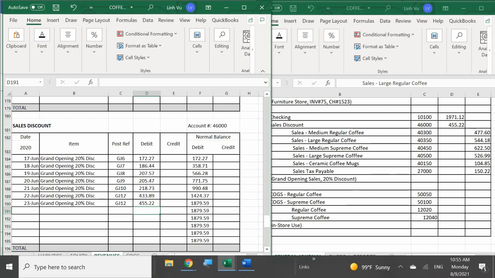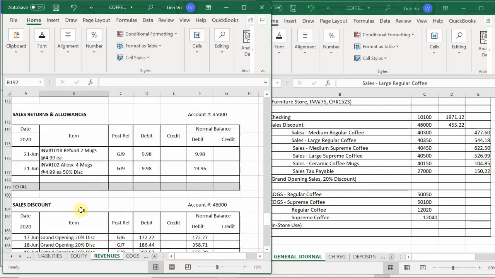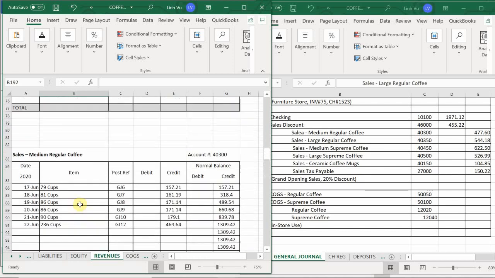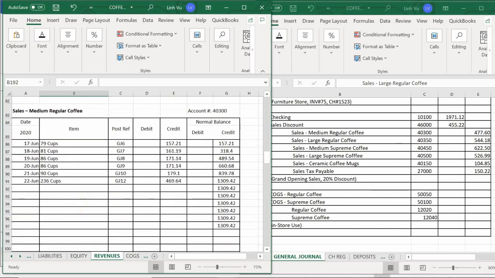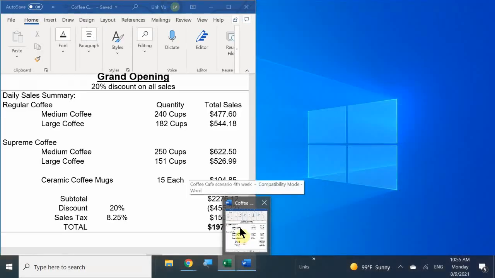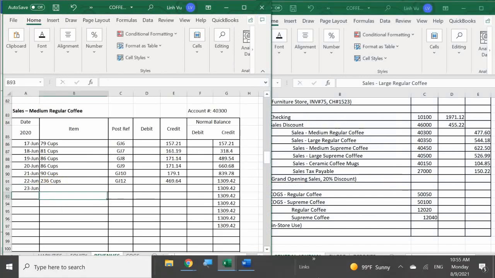Now we're actually going to go to our account here, sales medium regular coffee. So here we are, sales medium regular coffee. Let's take a look at how many cups we sold. We sold 240 cups. Okay, General Journal 12.